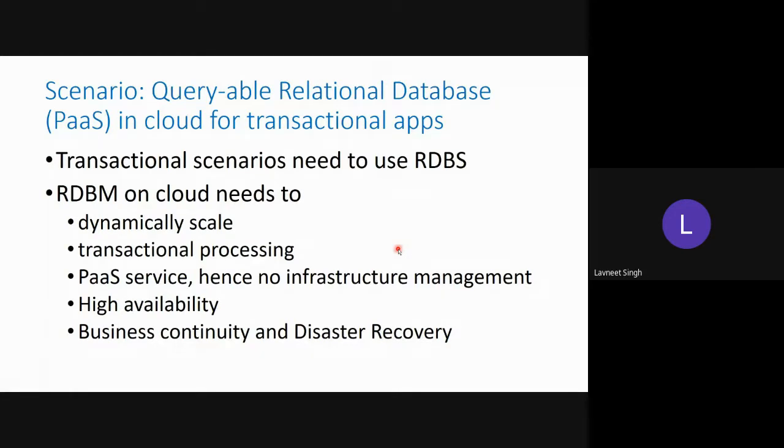This RDBMS service is a PaaS service, platform as a service. You don't have to install the database or manage it. You just need to tell what kind of speed, throughput, IOPS and what kind of tier you need, and automatically that capability will be configured for you in these PaaS services for RDBMS.